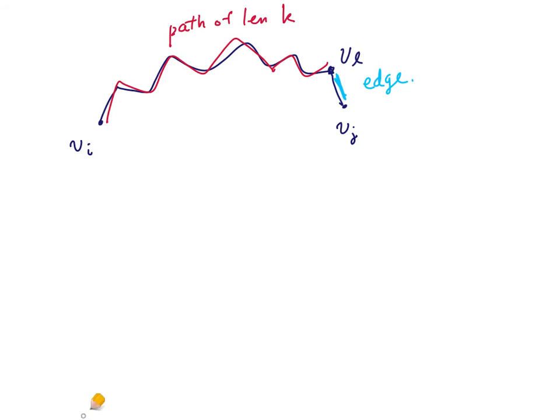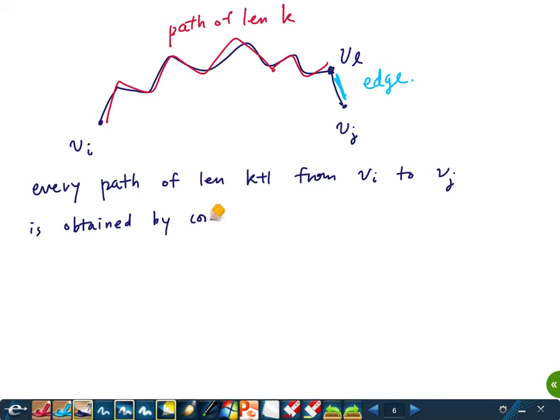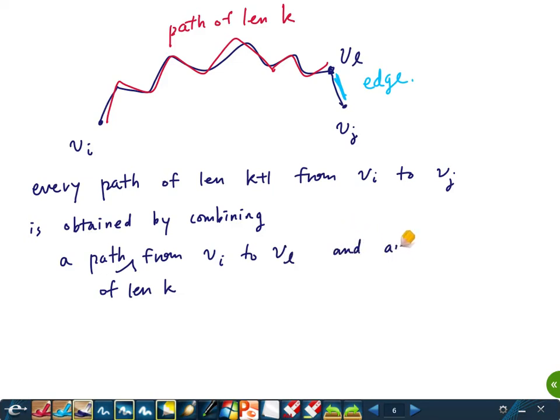Every path of length k plus 1 from Vi to Vj is obtained by combining a path of length k from Vi to VL, for some vertex VL, and an edge from VL to Vj.